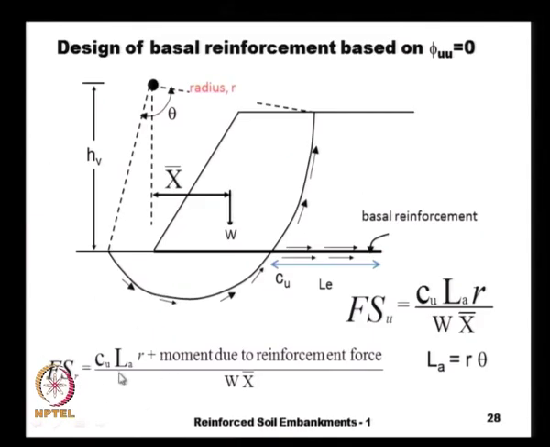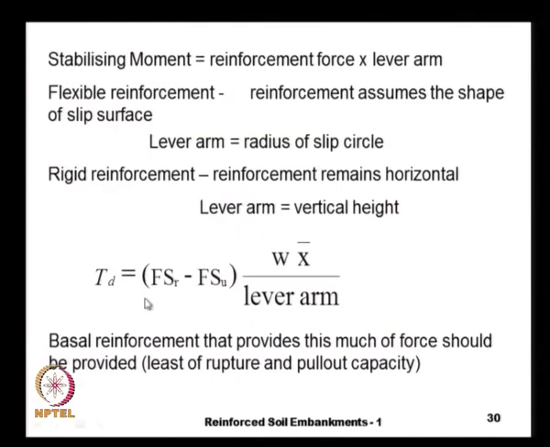From this equation, the first term that we have, Cu La r by W x bar, is nothing but the factor of safety of the unreinforced slope, and by using that relation we can calculate the magnitude of the reinforcement force that needs to be provided in the form of basal reinforcement. It is the difference between the factor of safety of the reinforced slope minus the factor of safety of the unreinforced slope, multiplied by W x bar divided by the lever arm.